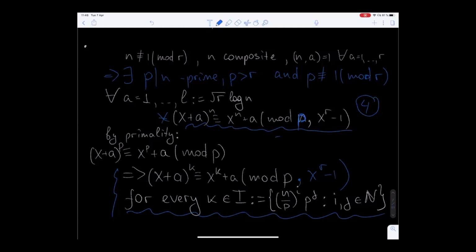Okay, so now because we have this p, we have a whole set of numbers I for which the polynomial behaves in this nice way, and we can even push it a bit more.